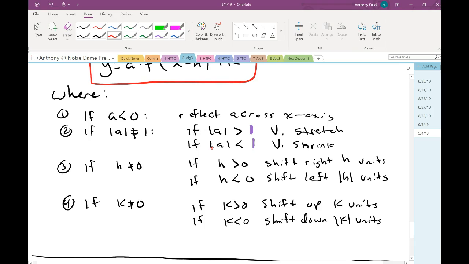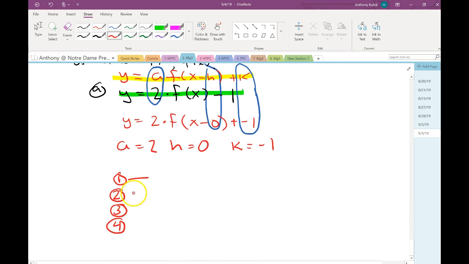Absolute value of 2 is 2, which is greater than 1, right? Everybody okay with that? So we would say then there is a vertical stretch. Everybody happy there?